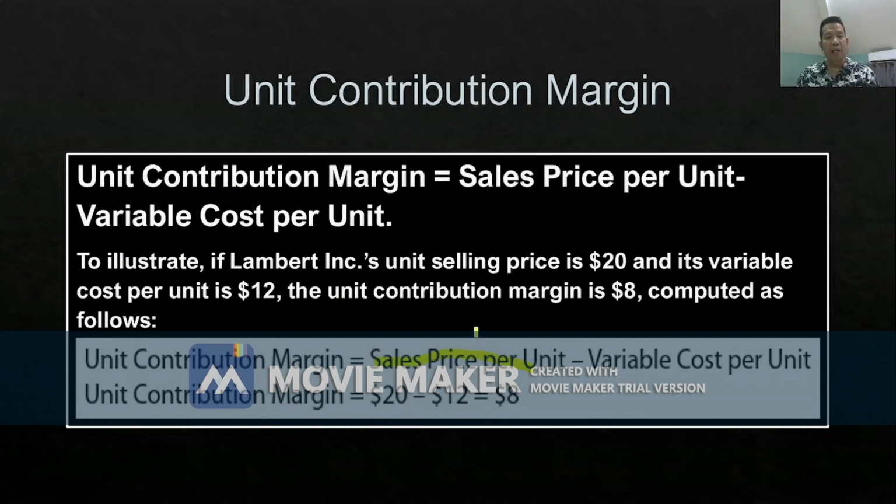To illustrate, if Lambert Incorporated's unit selling price is $20 and its variable cost is $12, the unit contribution margin is $8, which is 20 minus 12 equals 8.